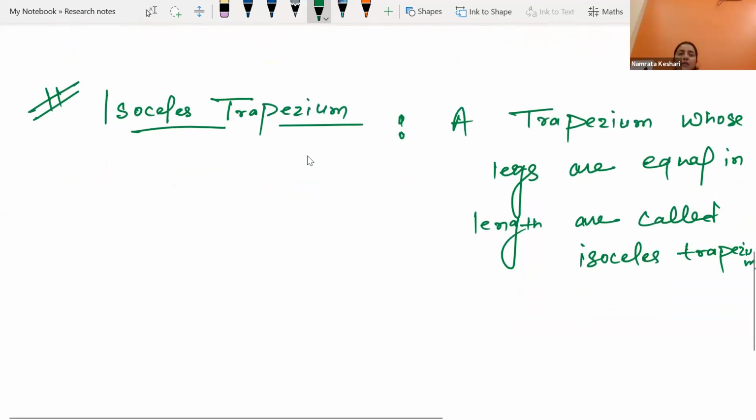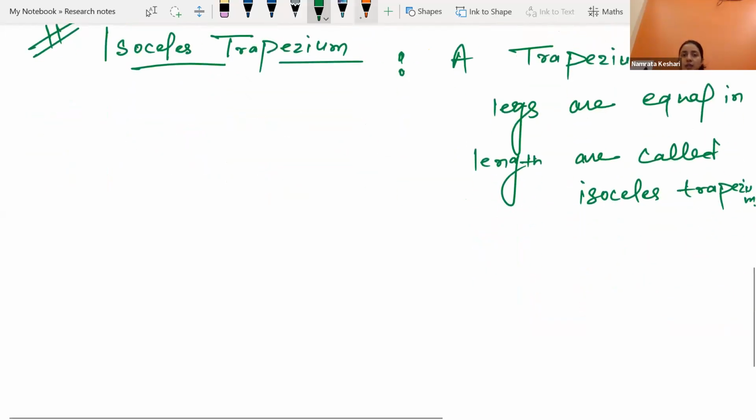This is important. That's why we are discussing it. However, there also exists a right angle trapezium, and there also exists a scalene trapezium. Scalene means all the sides are of different length.